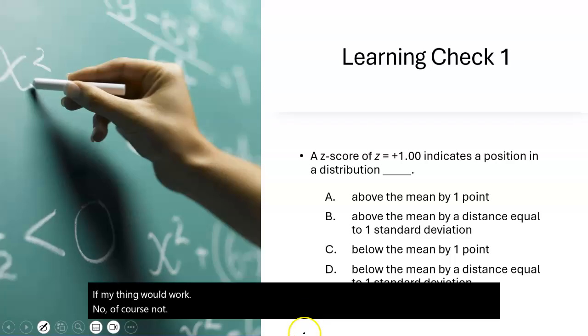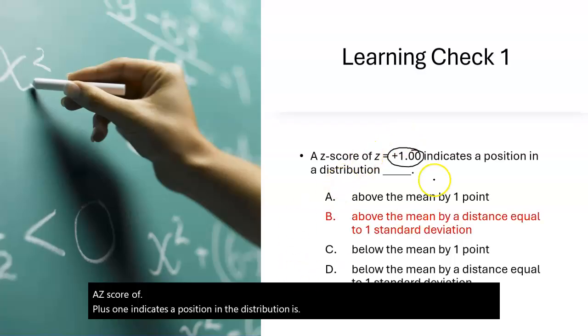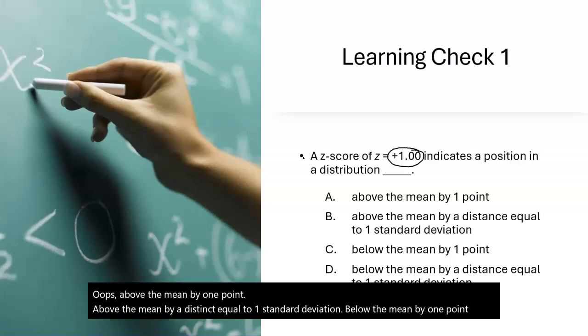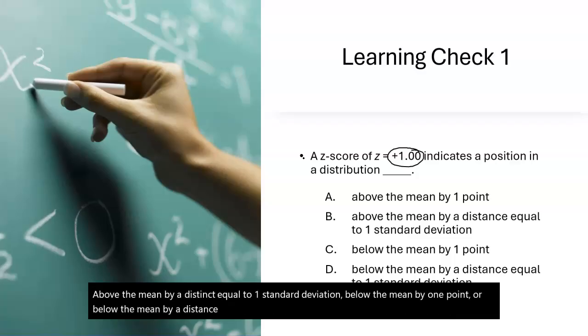We're going to do a learning check. A z-score of +1 indicates a position in the distribution that is either above the mean by 1 point, above the mean by a distance equal to 1 standard deviation, below the mean by 1 point, or below the mean by a distance equal to 1 standard deviation.